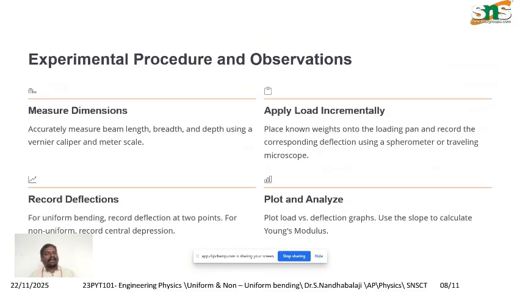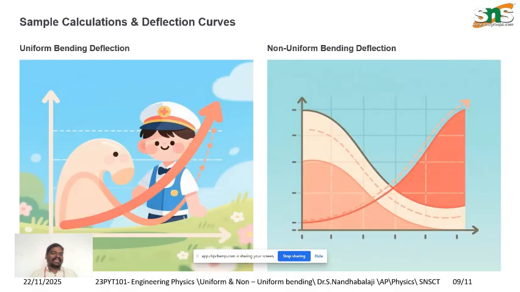And applications of Young's modulus. Structural engineering: designing bridges, buildings, and other structures to withstand loads without excessive deformation. Biomedical devices: developing implants and prosthetics with mechanical properties similar to natural tissues.